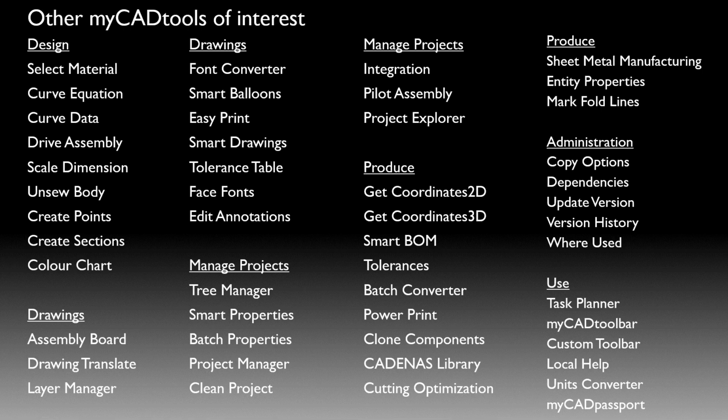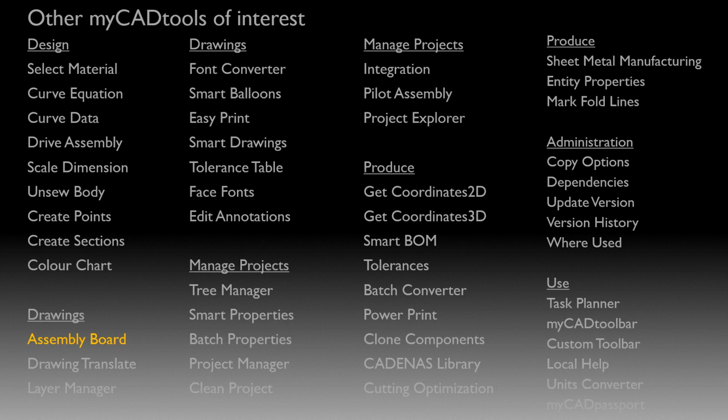Now obviously there's a real selection of myCAD tools available. I haven't been through all of those today, but there are other ones which I think are particularly interesting. I just want to pick out some of those before I finish this presentation. Assembly Board allows us to automatically produce assembly drawing from our document, and it'll have the separate items within our project all split out in separate views with the name of the item displayed below the view.